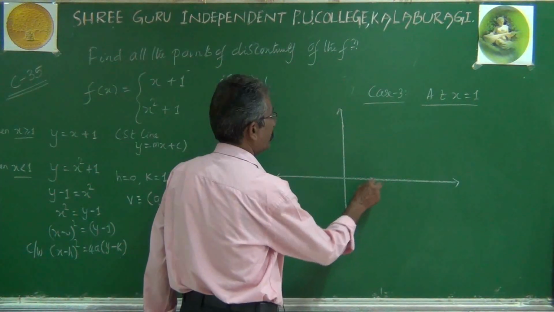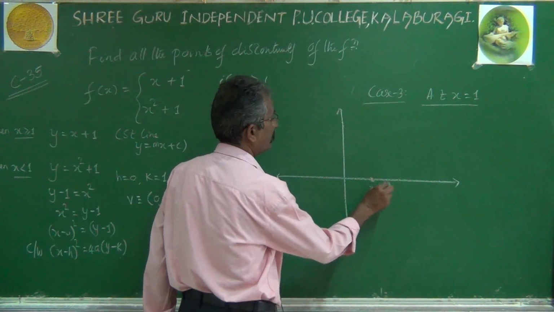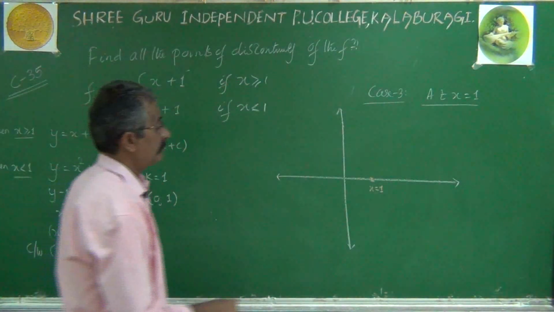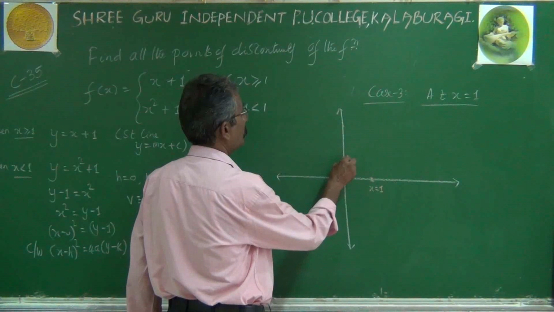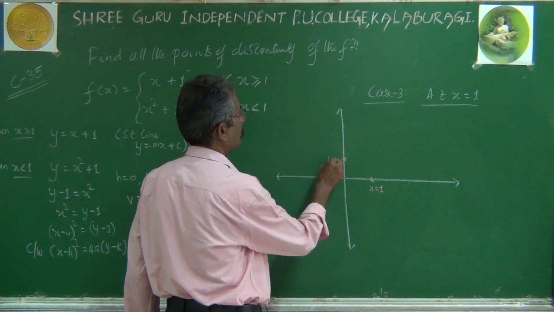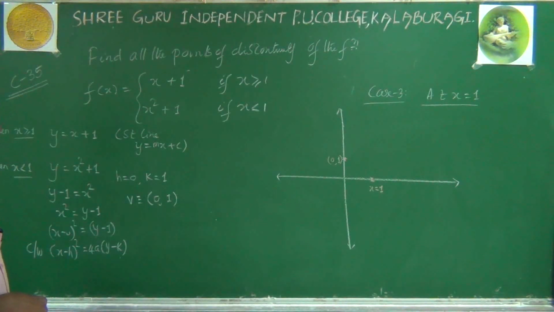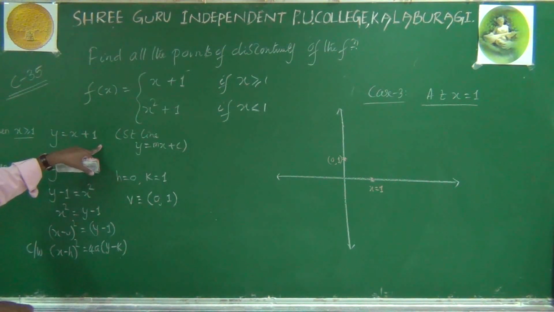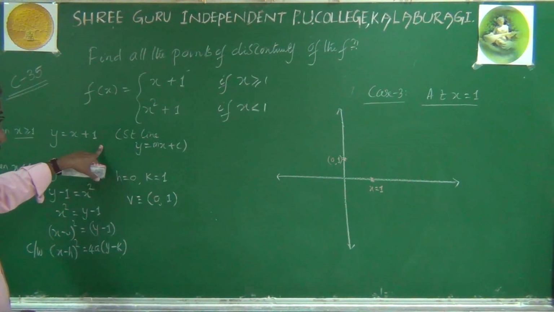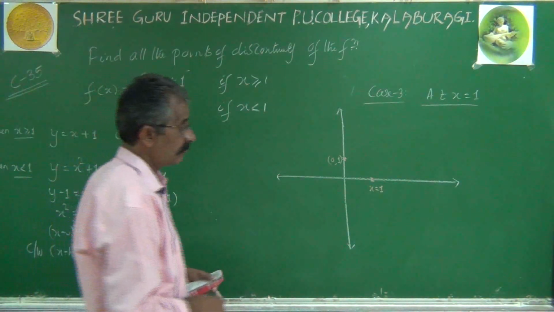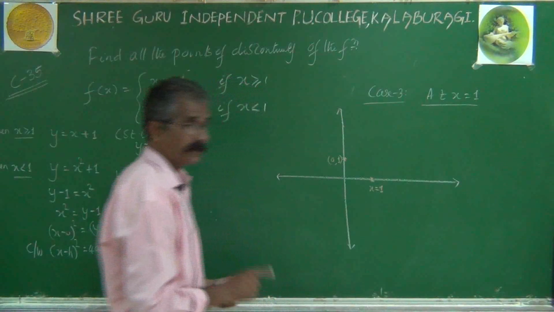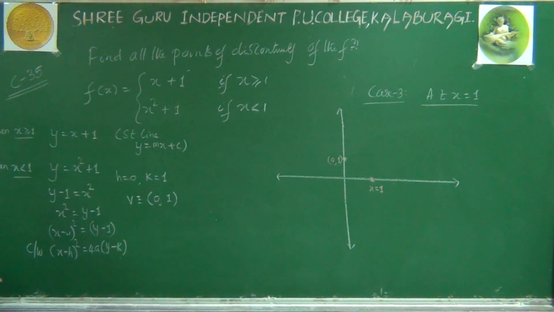So this is the point x equal to 1. This is our vertex, say (0, 1). What we can observe: when x is greater than 1, it is a straight line, in the form of y equal to mx plus c.